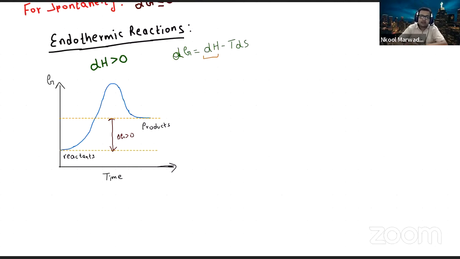But there is a way around. T is constant, I cannot play with the T, but I can play with the dS. If somehow I can increase this delta S, change in entropy, so that it outweighs the dH, then this delta G will become negative and I will attain the spontaneity. And once I attain the spontaneity, no external work I have to do to carry that process. That process will be carried out naturally.